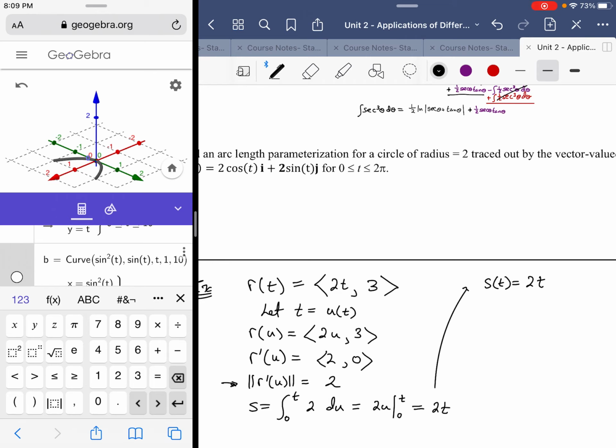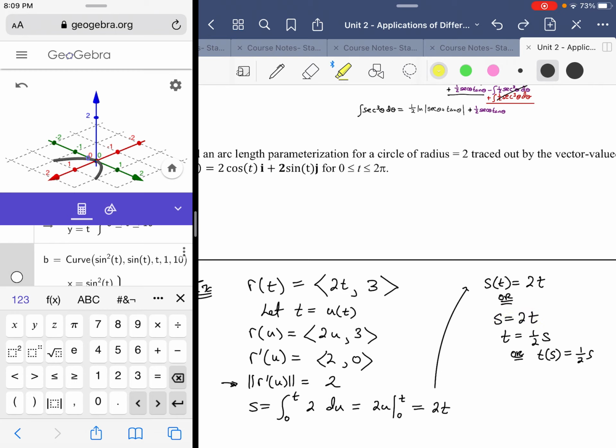If you want to simplify that, you could really just say s is equal to 2t, in which case I'd say t is equal to 1/2 of s, or I can rewrite that as t of s is equal to 1/2 of s, because t is a function of s now rather than s being a function of t.